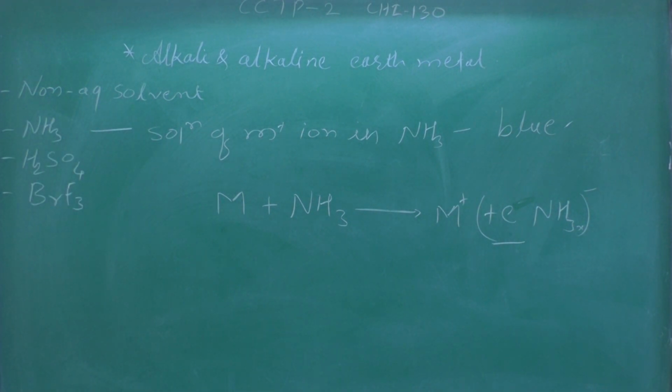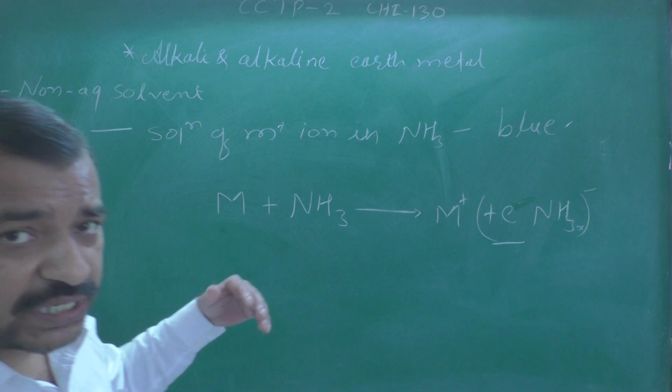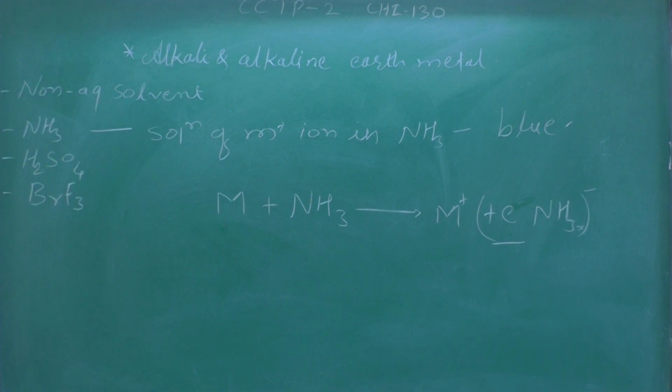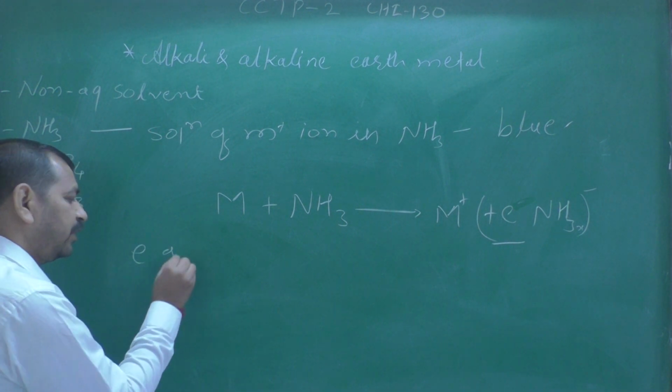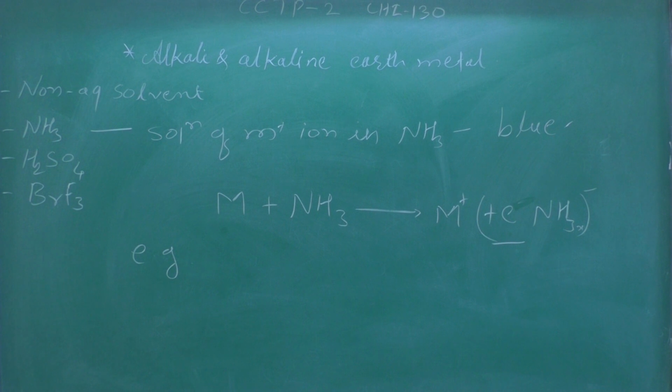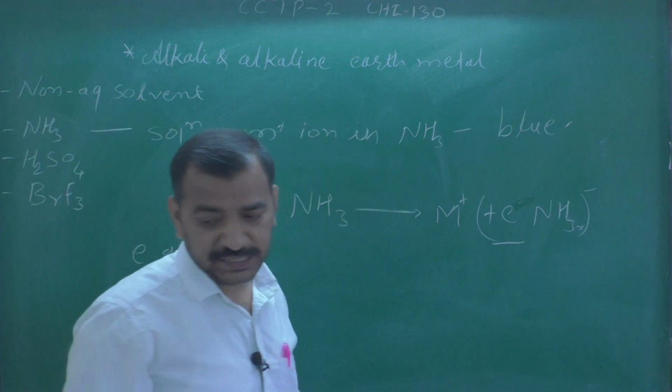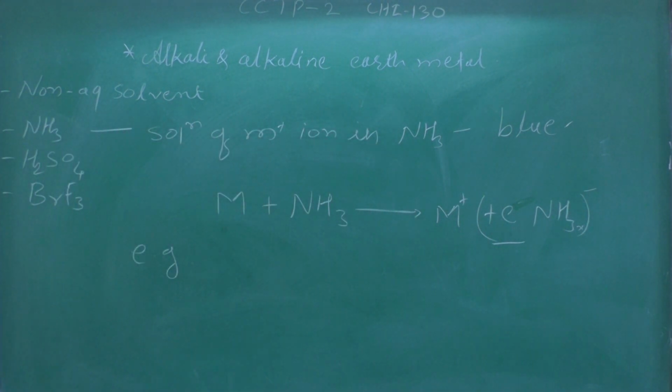When alkali metals react, they give one-electron reducing properties. When alkaline earth metals are dropped in, they form a two-electron reducing agent. An example of reducing action: they form a superoxide and then a peroxide.